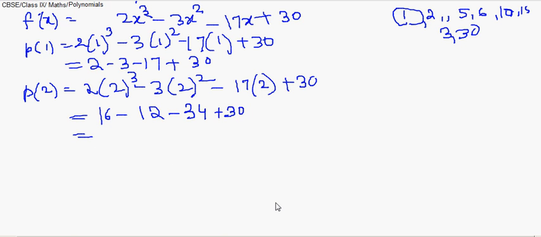So 16 minus 12 is 4. 4 minus 34 is minus 30. So minus 30 plus 30 is 0. That makes us know that x minus 2 is a factor of this given polynomial.